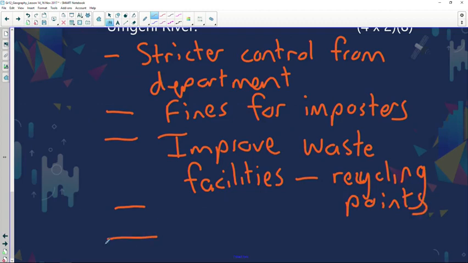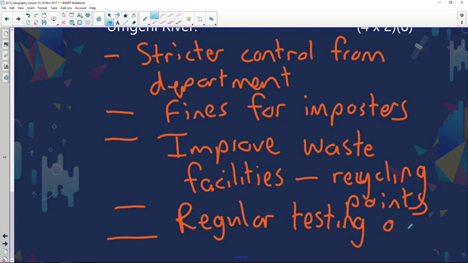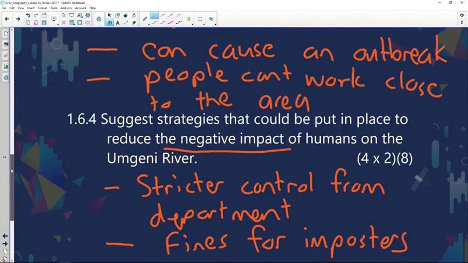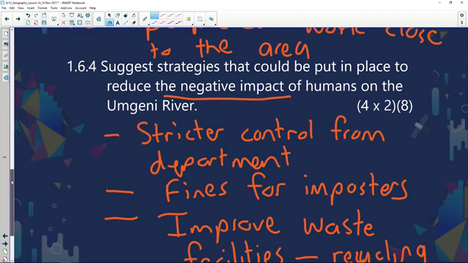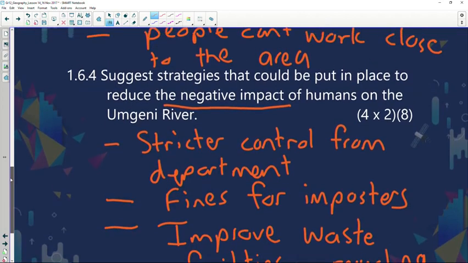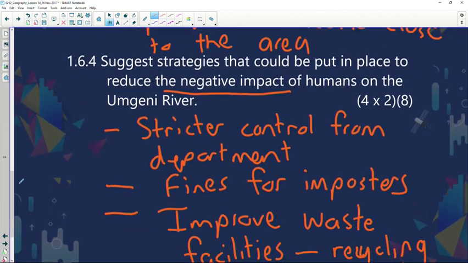Another initiative that we can use is regular testing of the water to make sure the water is safe. So those are the strategies that the government can put in place to make sure that the Umgeni River can get cleaner as we move forward in the future.